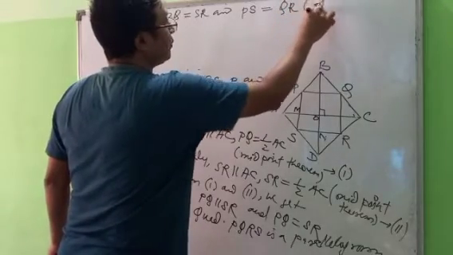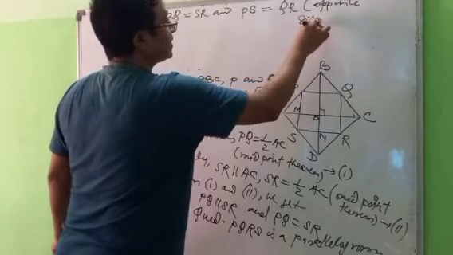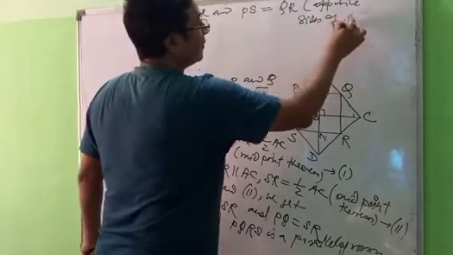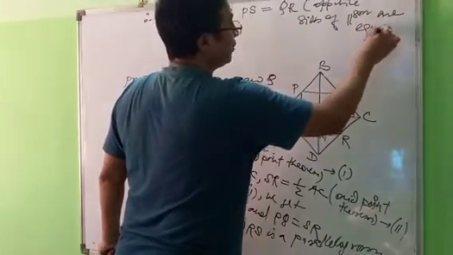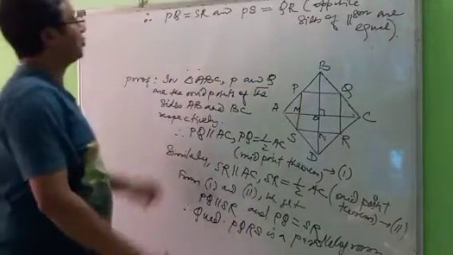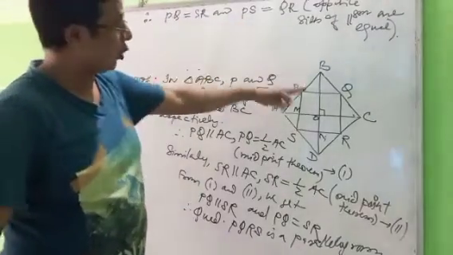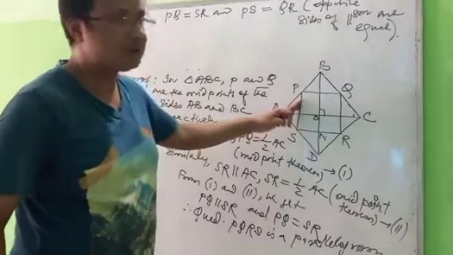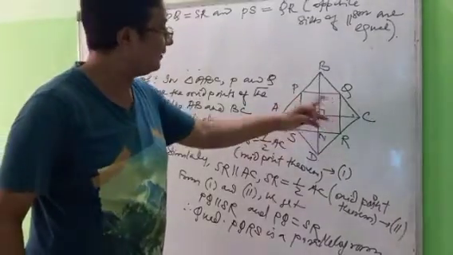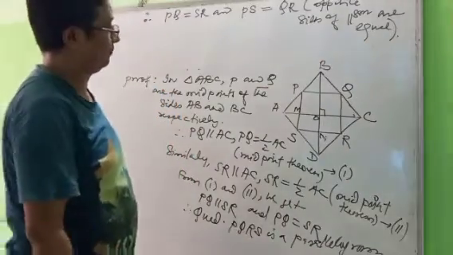So you can write, opposite sides of a parallelogram are equal. So you got one of the conditions. That means in a rectangle, opposite sides are equal. But you also need to show one of the angles to be 90 degrees. So now, how to show?